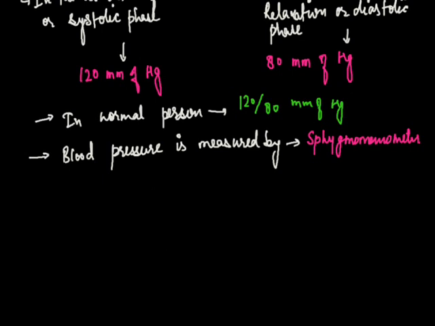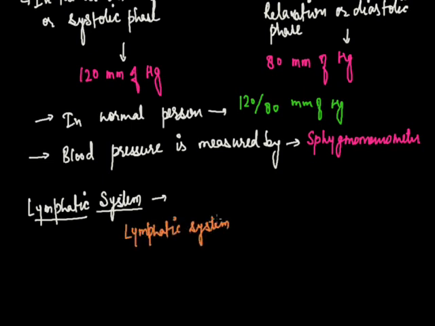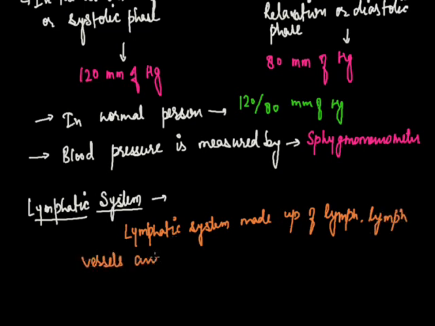Next is the lymphatic system. The lymphatic system is made up of lymphatic capillaries, lymph vessels and lymph nodes.